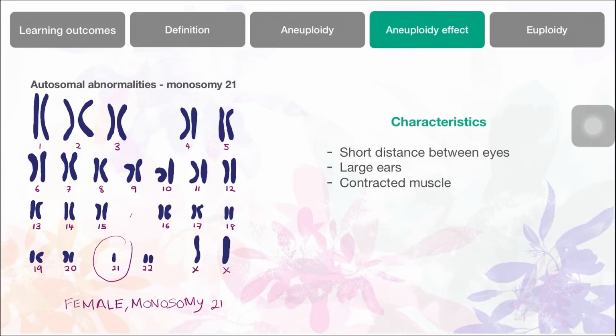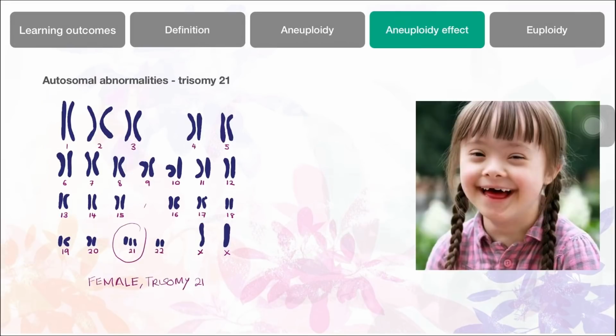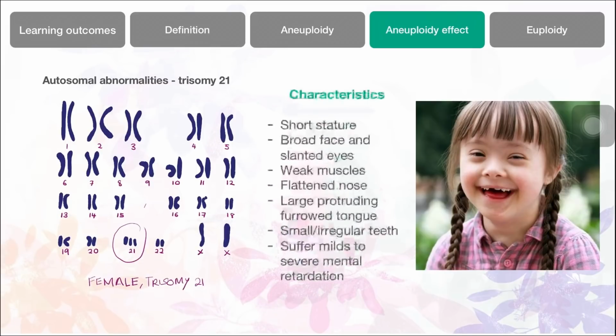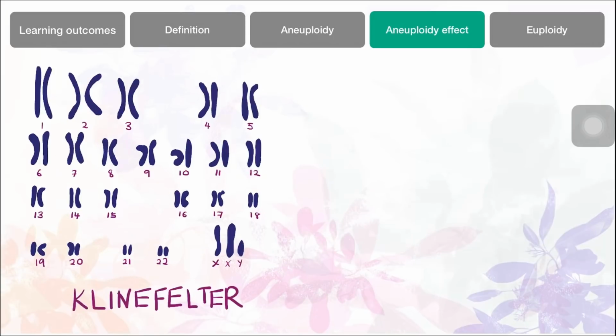Characteristics: short distance between eyes, large ears, and contracted muscle. Autosomal abnormalities, trisomy 21. Characteristics: short stature, broad face and slanted eyes, weak muscles, flattened nose, large protruding furrowed tongue, small irregular teeth, and suffer mild to severe mental retardation.